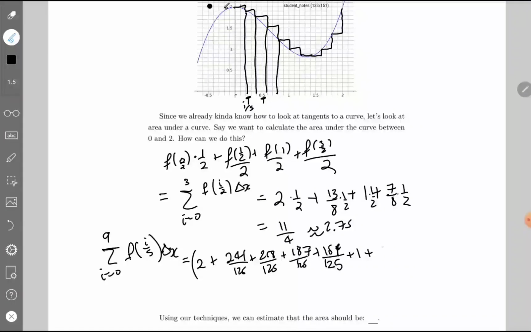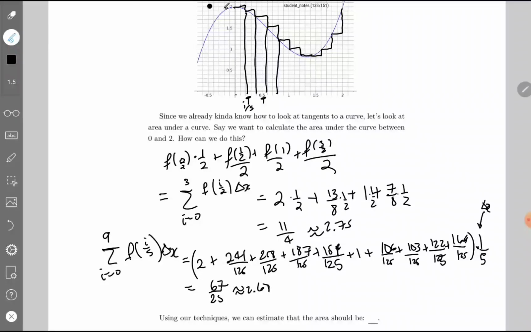Plus 1 plus 106 over 125 plus 103 over 125 plus 122.5 plus 169 over 125. And all of this times our change in x, which is 1/5. So what does this give us? This gives us 67 over 25, which is roughly 2.68.